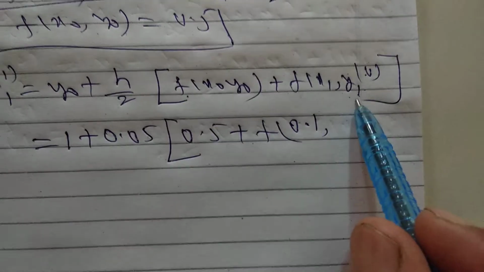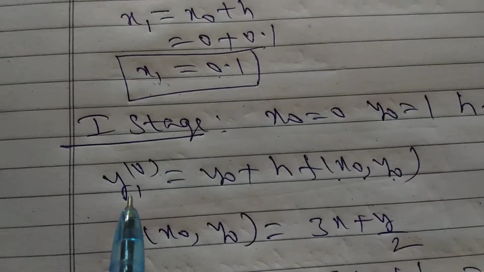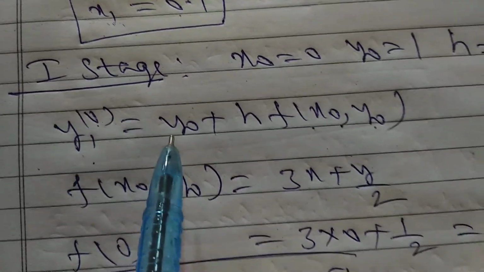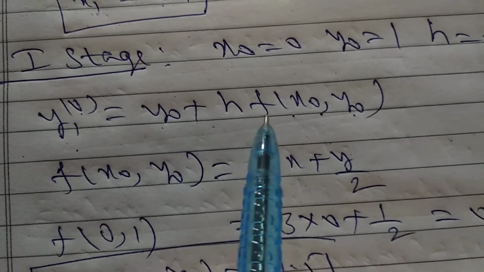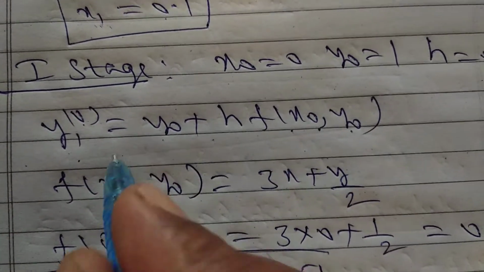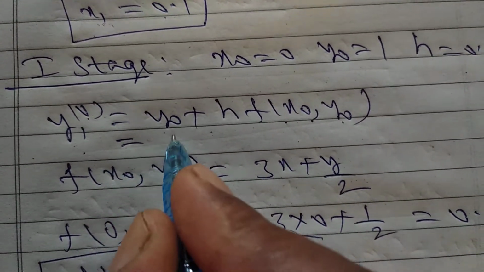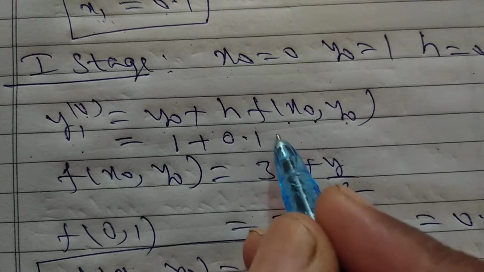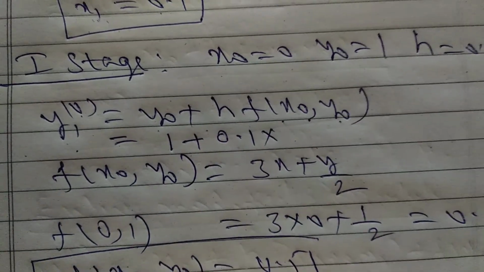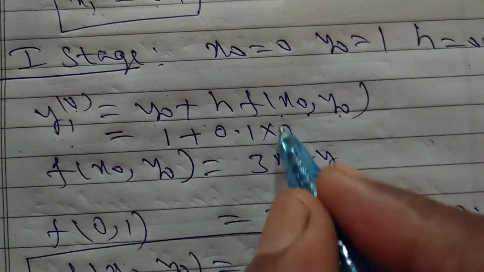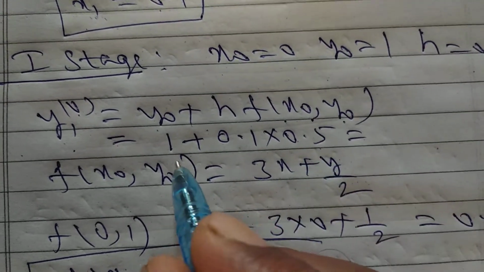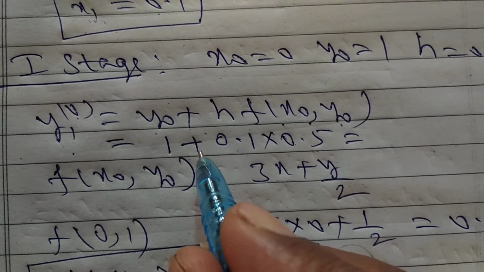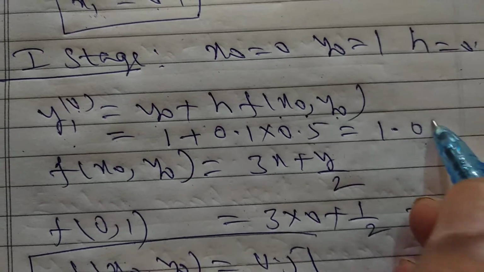See here, Euler's formula is y1 to 0 is equal to y naught plus h into function of x naught comma y naught. So here the value for y naught is 1, plus h, which is 0.1, into function of x naught comma y naught, that is equal to 0.5. So you simplify this one, you will get y1 to 0 is 1.05.